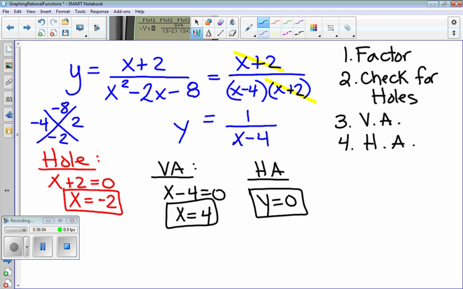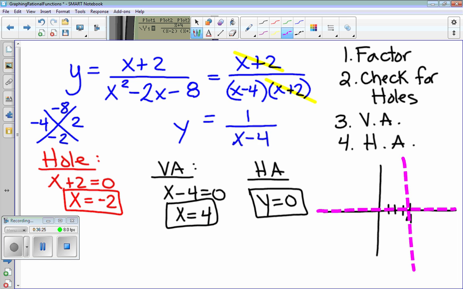Now we're going to use these guidelines, the new asymptotes, one at 4 and one at 0. So we have a horizontal asymptote at y equals 0, and a vertical asymptote at x equals 4. That's what your graph should look like.